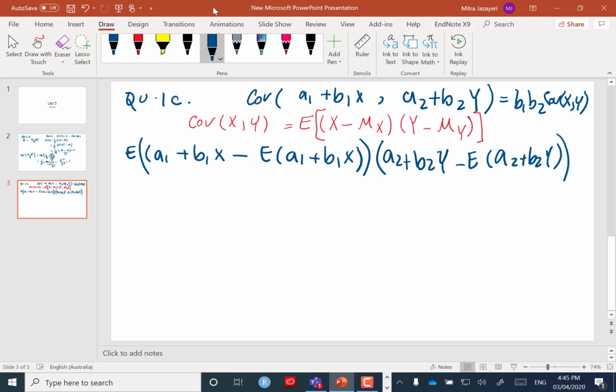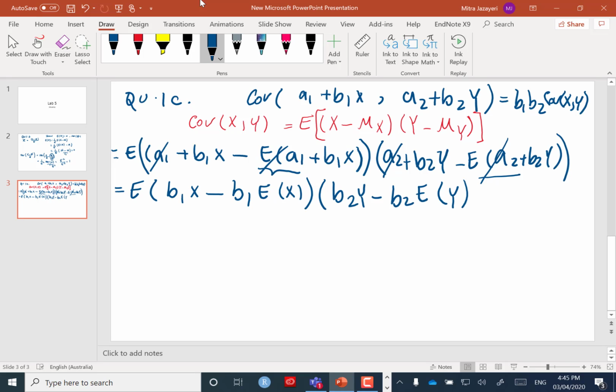Expectation of a1 is just a1, and therefore a1 minus a1 cancels out. a2 minus expectation of a2 is just a2, they cancel out as well. So what we remain with would be expectation of b1x minus b1 expectation of x times b2y minus b2 expectation of y.